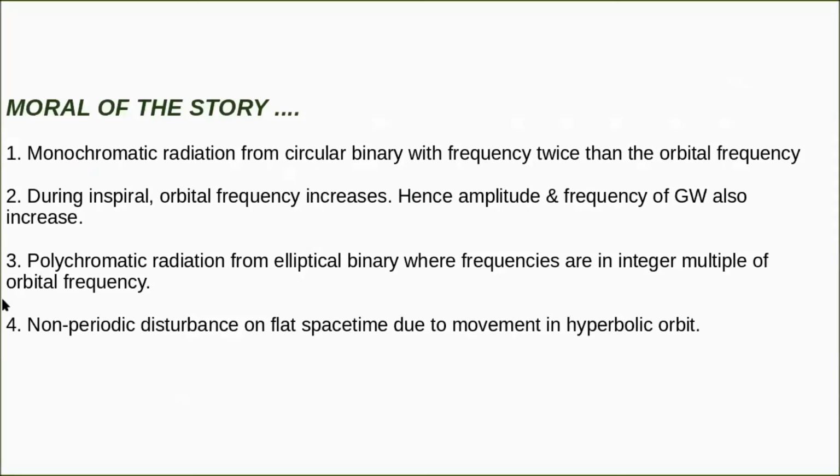And the secondary result is that the radiation is polychromatic from an eccentric binary, where frequencies are integer multiples of the orbital frequency, and there is a non-periodic disturbance on flat spacetime due to movement in a hyperbolic orbit, and also it turns out with a memory effect.